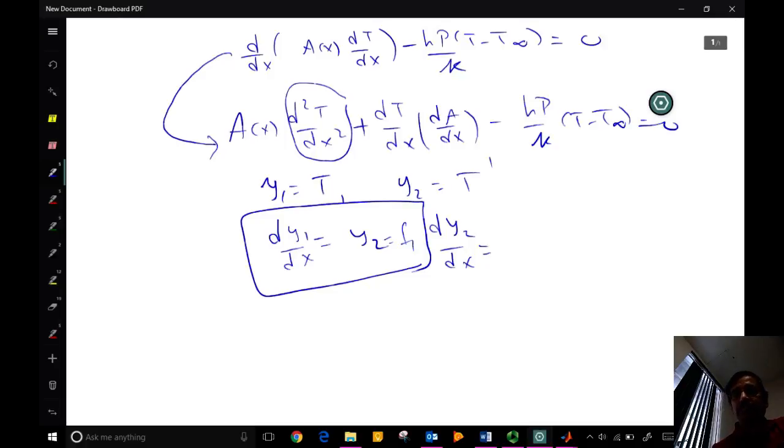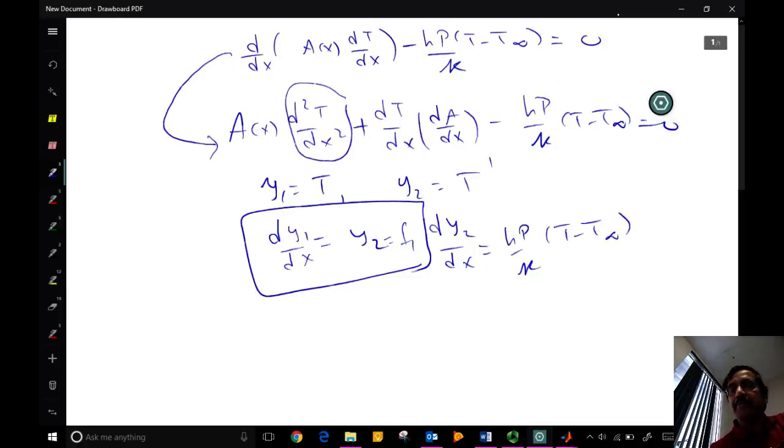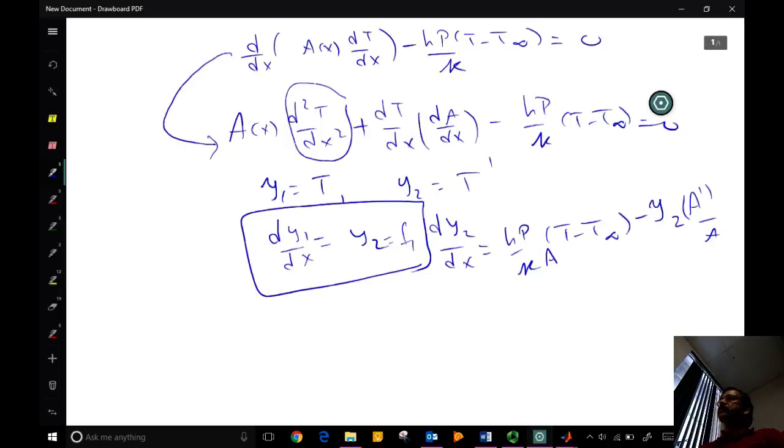What will it change to? It will change to hP over k (T minus T infinity) minus y2 A prime over A. I guess I have to have A everywhere, right? That's it. Do you follow?